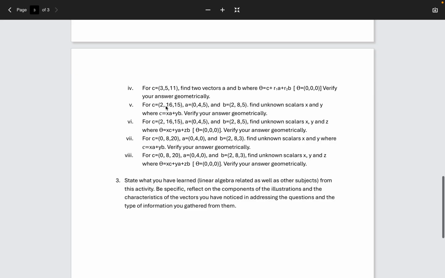So this one would be scalars. A scalar for this one would be 2 for A, and for B would be 1. That way they add up to 2, 16, and 15.